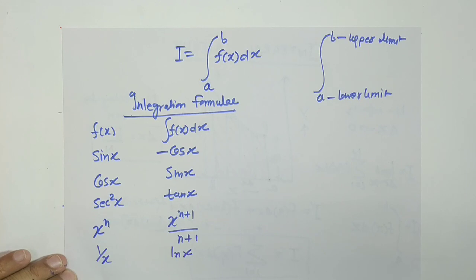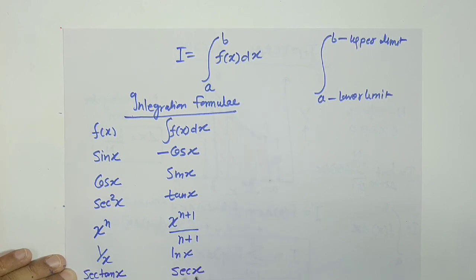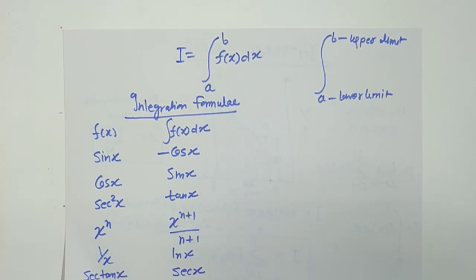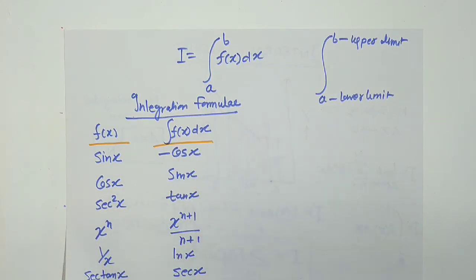And for sec x tan x, it is sec x. There are a number of formulas, and we are not going to write every formula here. Again I am repeating, I am just explaining how integration and differentiation have come. For integration you want to find the area below the curve, and then you can apply it from the lower limit to the upper limit.